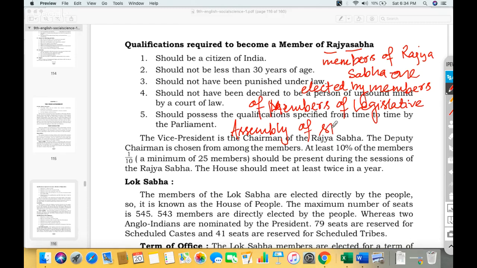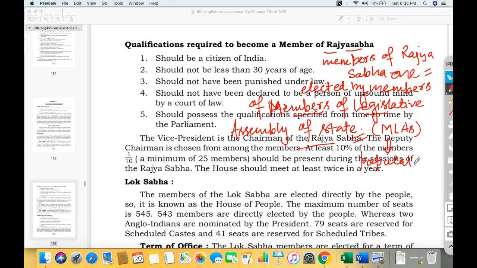Members of Legislative Assembly of a state are called MLAs. So MLAs elect Rajya Sabha members. Now, total number of MLAs in any state is decided by population of that state.